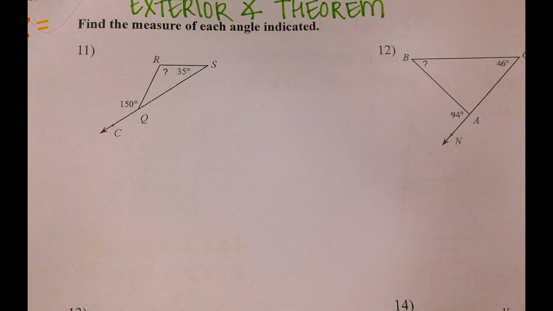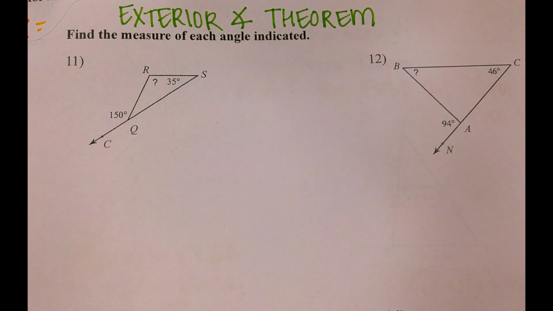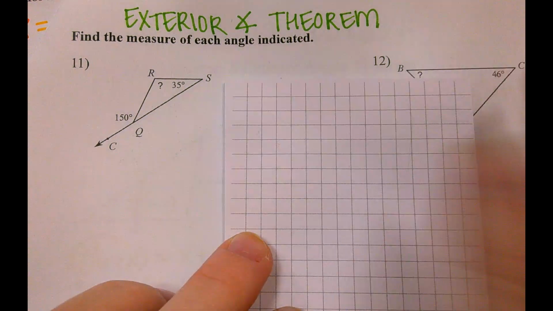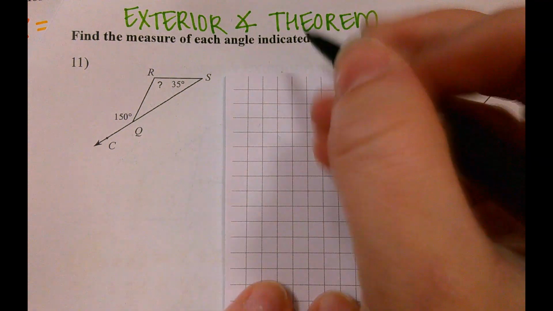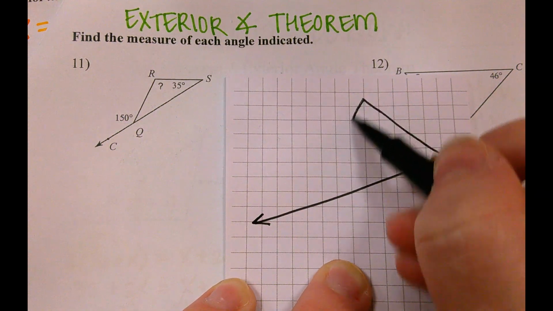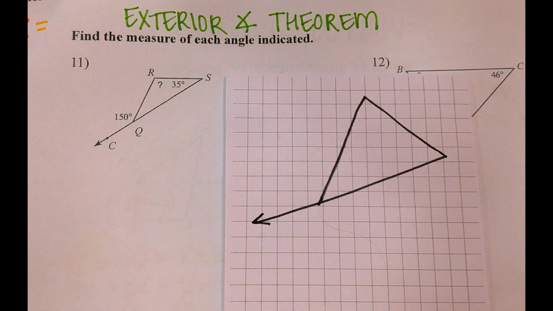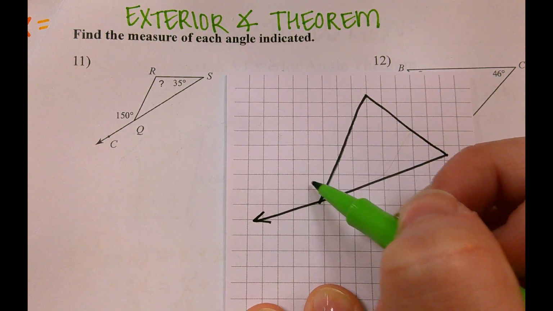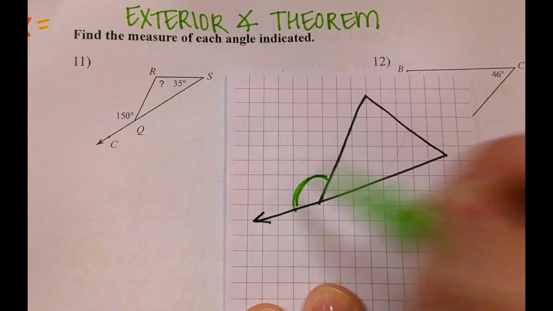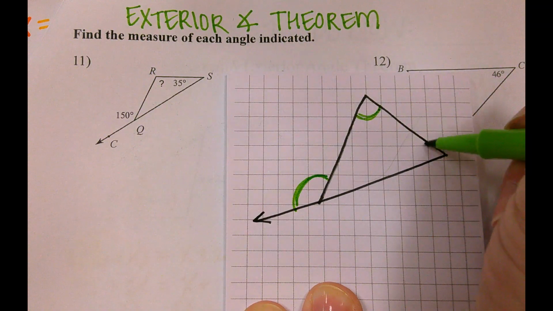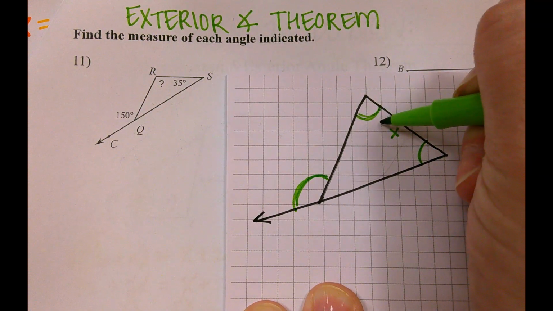So, with the exterior angle theorem, I'm just going to write out what that theorem is one more time. When you have a triangle where one side is extended, we know that this angle is equal to the 2 angles here added together.